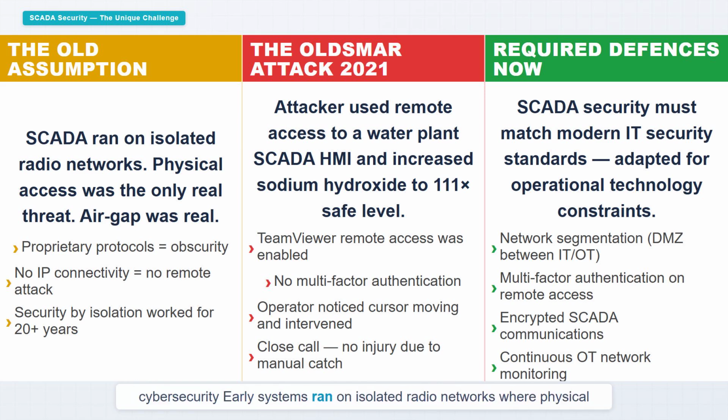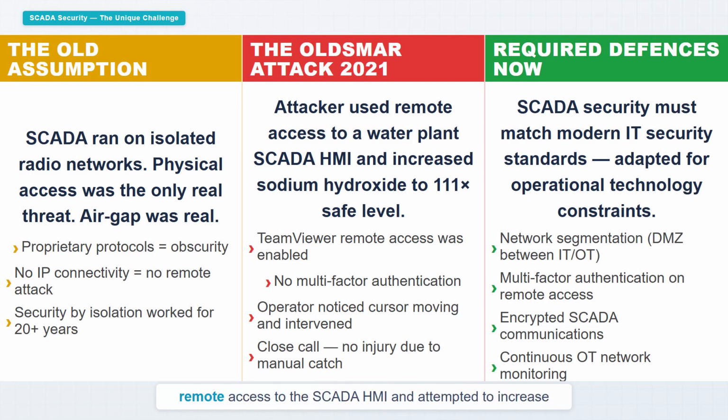SCADA systems were designed for reliability and remote visibility, not cybersecurity. Early systems ran on isolated radio networks where physical access was the only real threat. Today, SCADA systems are increasingly connected to corporate networks and the internet, creating attack surfaces that did not exist before. The 2021 Oldsmar water treatment plant attack is a stark example.